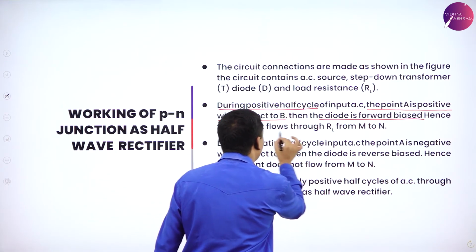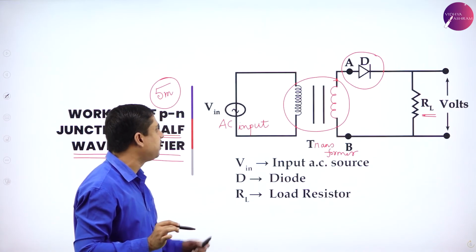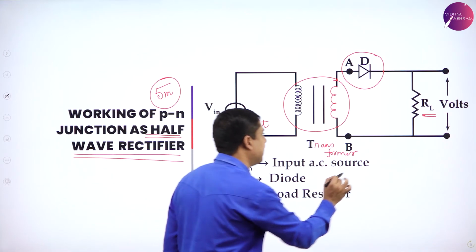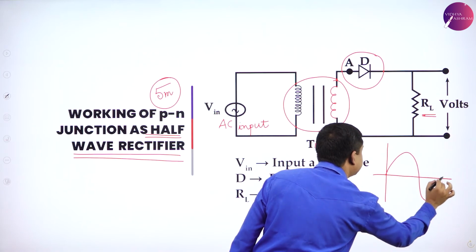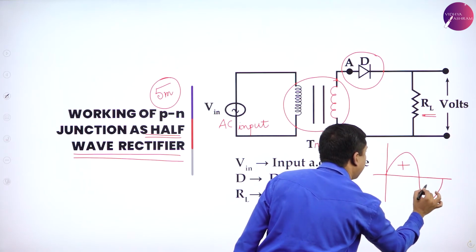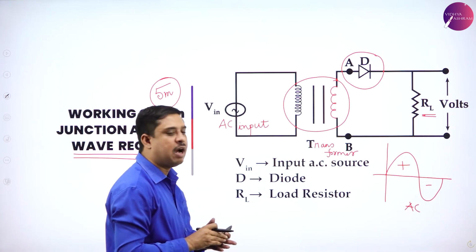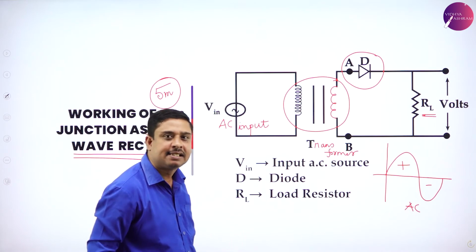Current flows through the load resistance from M to N. What I am trying to explain here is, this is the positive half cycle and the negative half cycle of the AC.